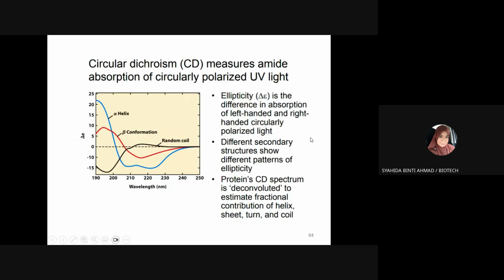Okay. For circular dichroism, we don't have this in biotech. It helps you to know the different conformations, whether the structure has an alpha, beta conformation or random coil, right?